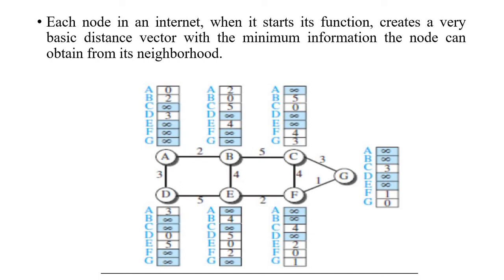At this level we can see that from B to A the cost distance is 2, from B to B the value is 0, from B to C the value is 5, and from B to D it is shown as infinity, because node D is not directly connected to B.